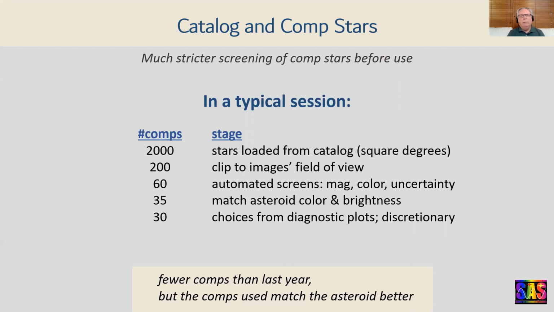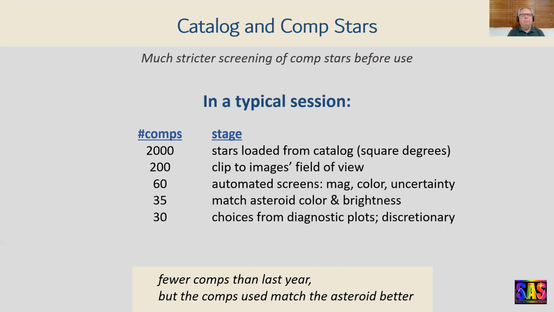So I'm down to typically 20, 30, 40 comp stars, sometimes as few as a dozen, where I was using up to 200 last year. I use fewer comp stars, but much more closely matching the asteroid.